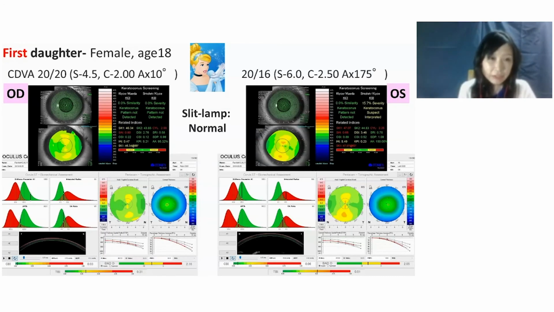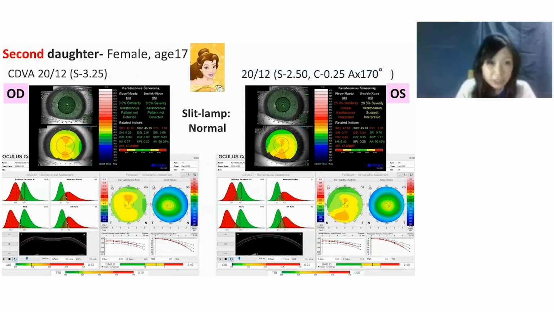Okay, this is the first daughter. The visual acuity in both eyes is good, but in her left eye, the first daughter has keratoconus suspect based on the keratoconus screening index. Okay, could you go next?